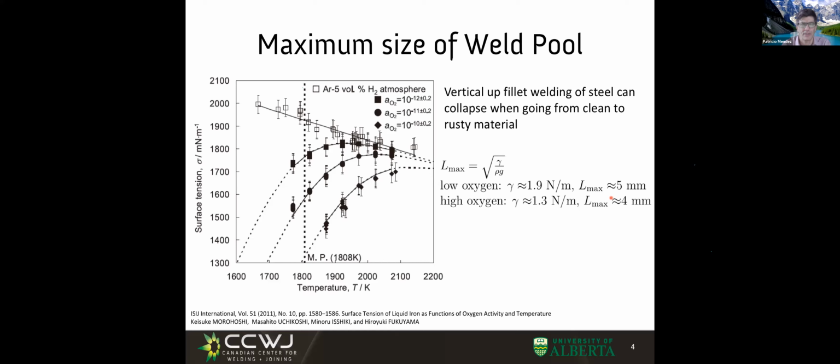At the very, very edge, it's a little bit bigger than you need to do, and the molten metal is going to run down. So this friend is welding vertical up, having a happy life, and all of a sudden finds a rust spot, a rusted spot in the plate. He keeps welding. And you know what happened? The bead came down rolling on him.